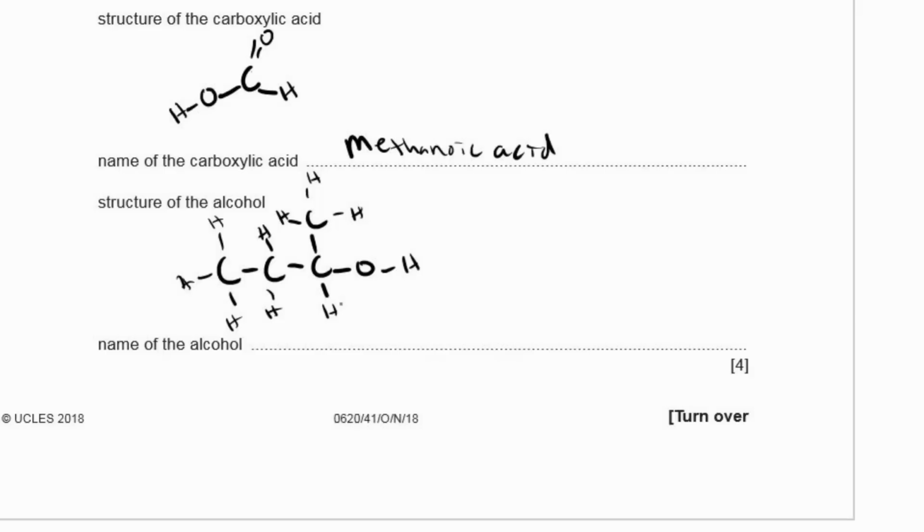All right, so this, it has 4 carbons. Monkeys eat peeled bananas. 4 carbons, starts with B. So it's butane, and to find out which one the alcohol's on, we look at the one that's closest to the end. So 1, 2, butan-2-ol, because it's the alcohol, OH.